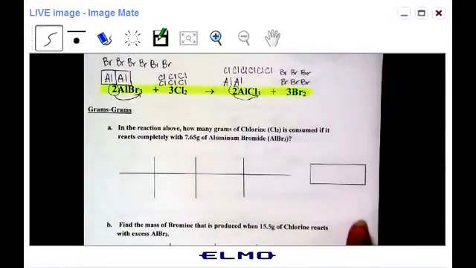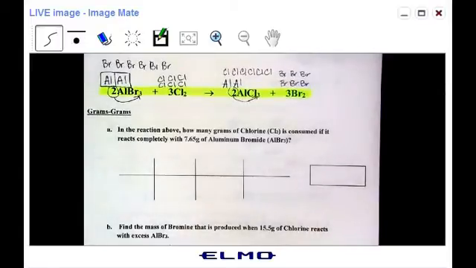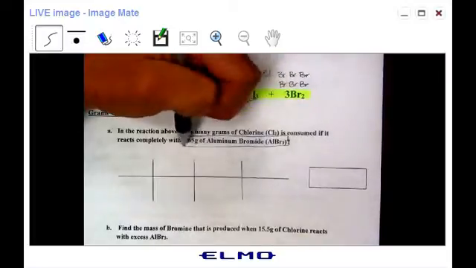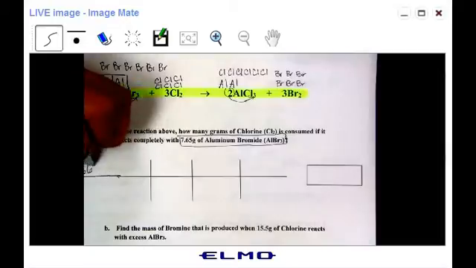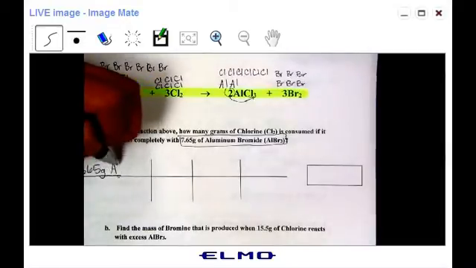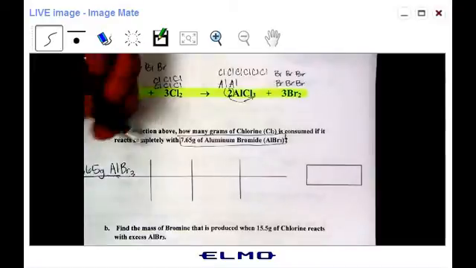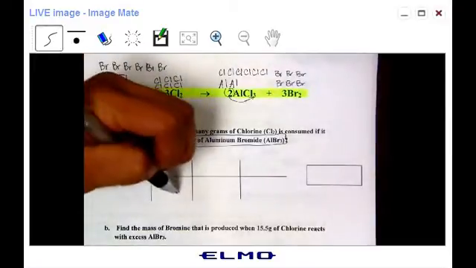Now that we know it's balanced, we can begin the problem. Before I read it, I'm just going to identify what I'm given, which was 7.65 grams of AlBr3. If grams of AlBr3, what goes here?